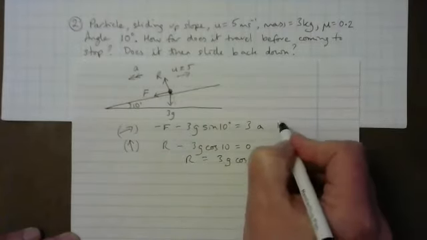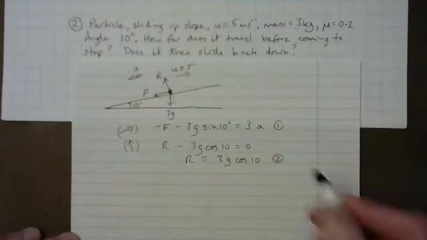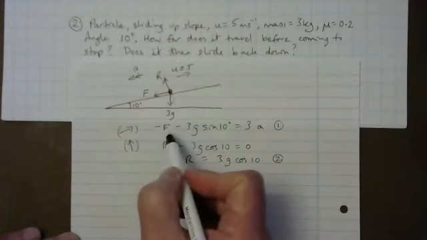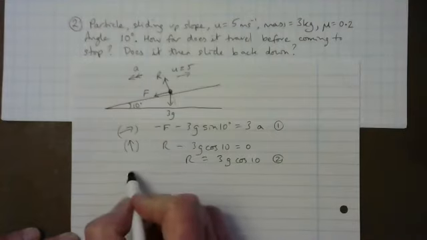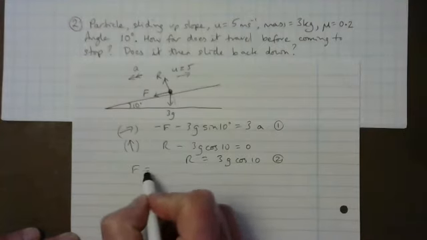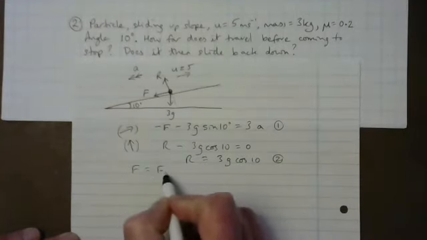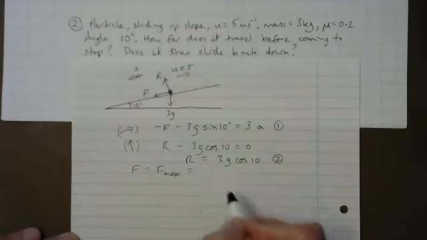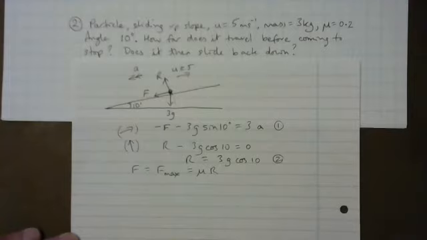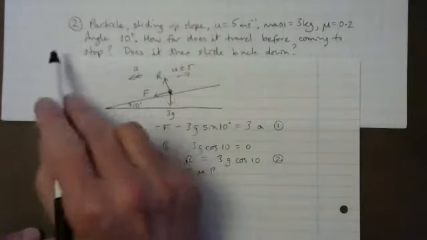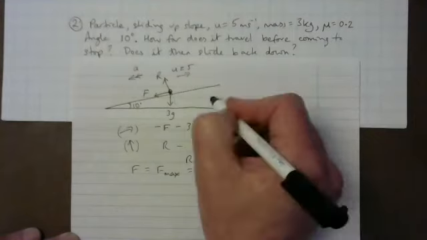I call this number 1. I call this number 2. I've got in number 1 minus F, or I suppose F equals F max, which equals mu R. Do I have mu? 0.2, let's put it on the picture.